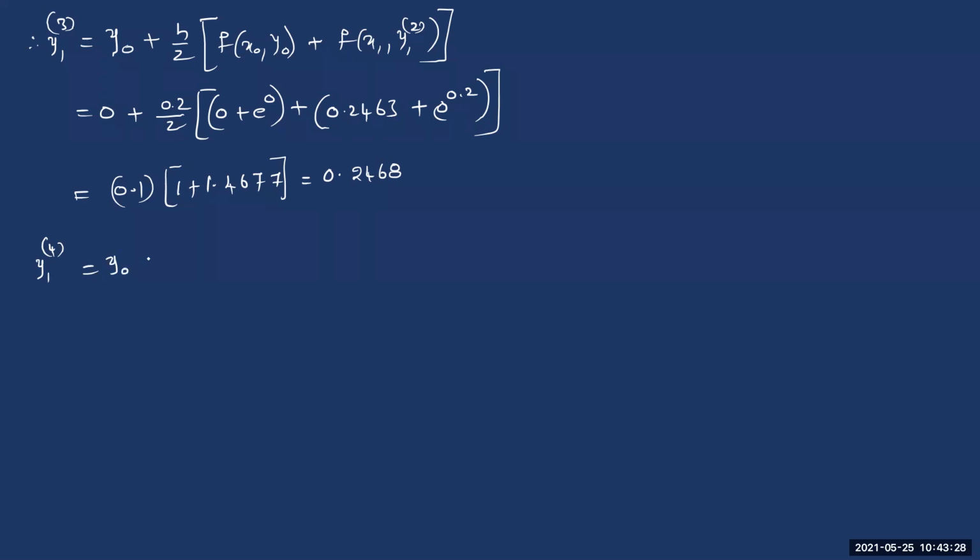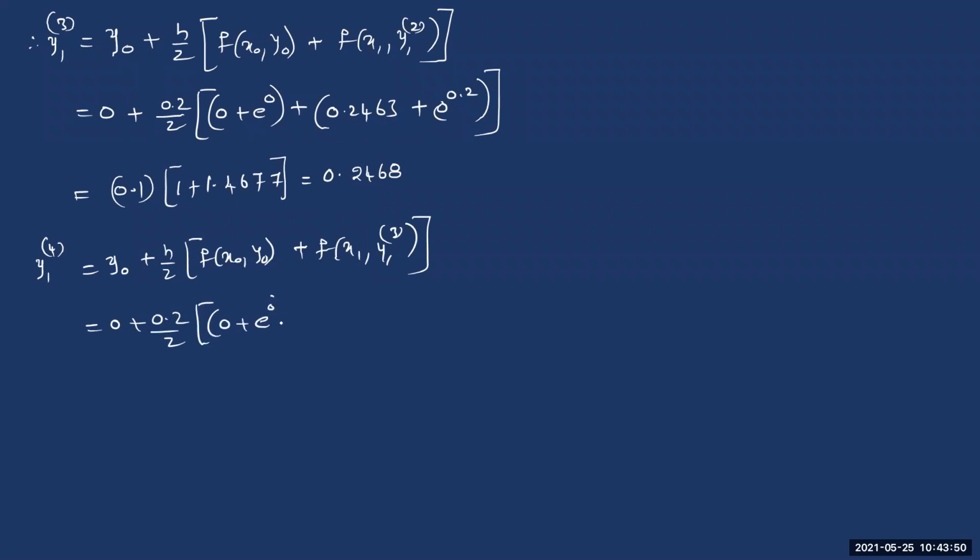So it is y naught plus h by 2 into f of x naught y naught plus f of x1 y1 third approximation. Similarly, you can substitute everything. You see 0 plus 0.2 by 2, and here it is 0 plus e to the power of 0 plus the value which you got for y1 third approximation, 0.2468, plus e to the power of x1, which is 0.2.